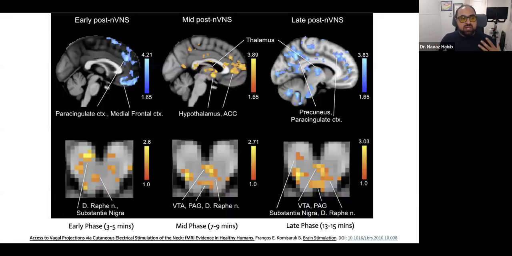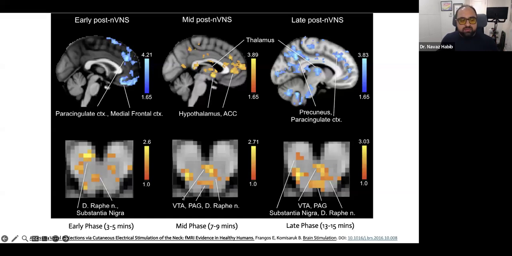The effect of it is a biphasic response, as shown through this fMRI study. In the early phase, there's inhibition in certain areas in the frontal cortex, calming, and activation of the raphe nuclei and substantia nigra. Then we get some activation in a very important area of the thalamus, which shows up as being very important here.